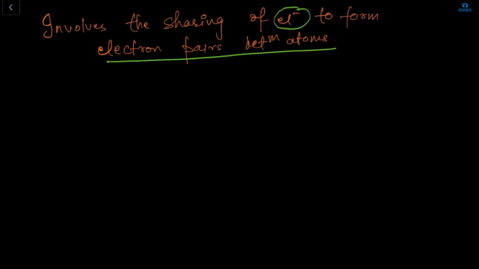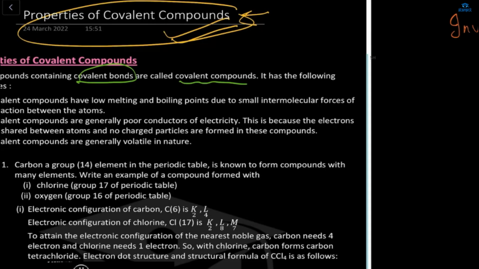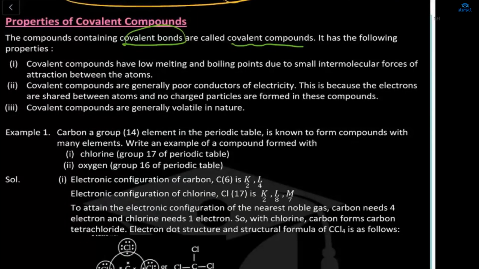It shares electrons to form electron pairs between two atoms, or between three atoms, but mostly between two atoms. Now, covalent compounds have low melting and low boiling points. Why? Because of the low intermolecular forces of attraction between the molecules.